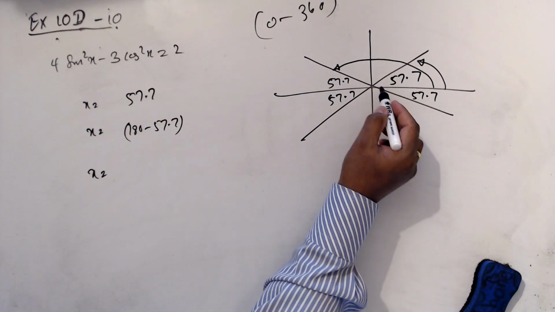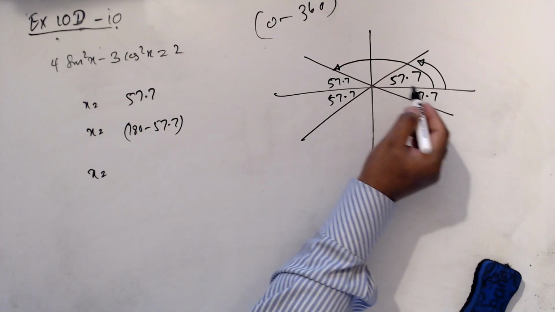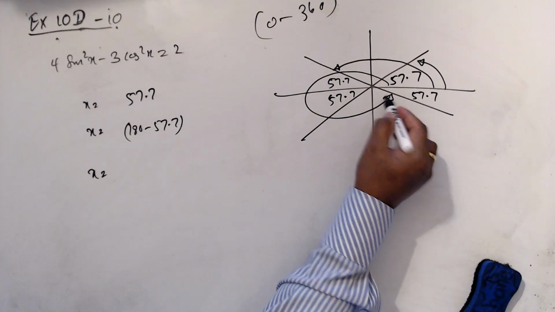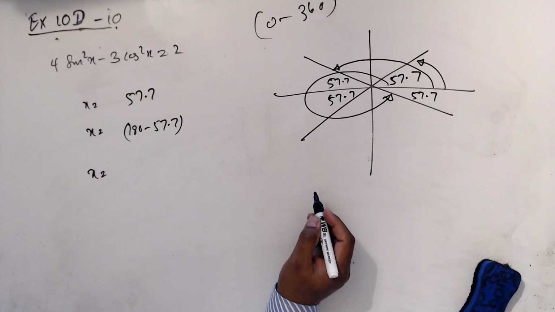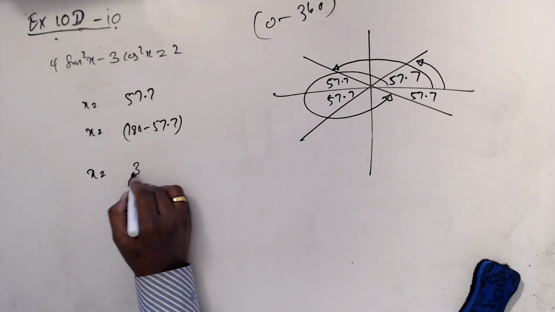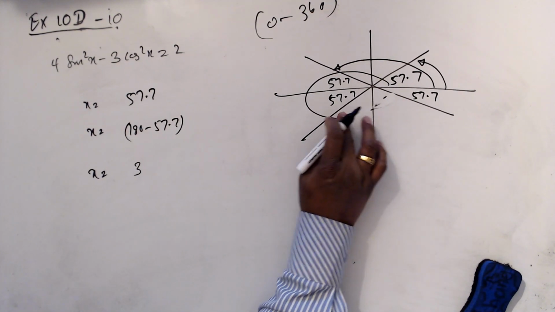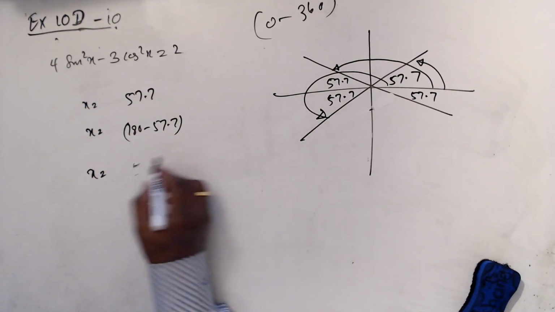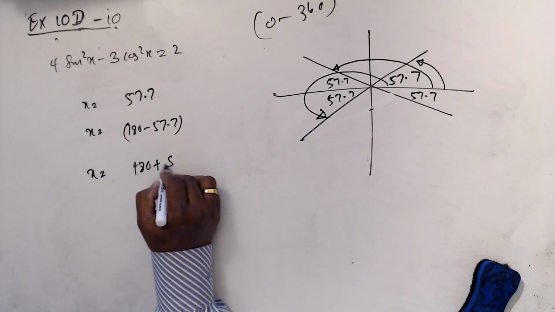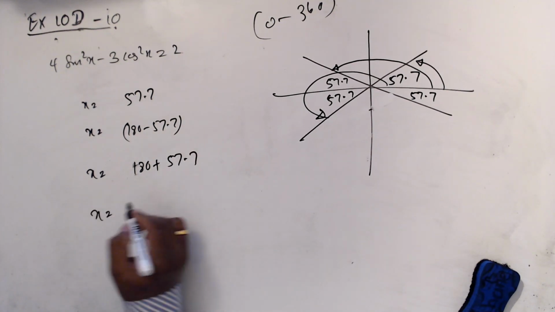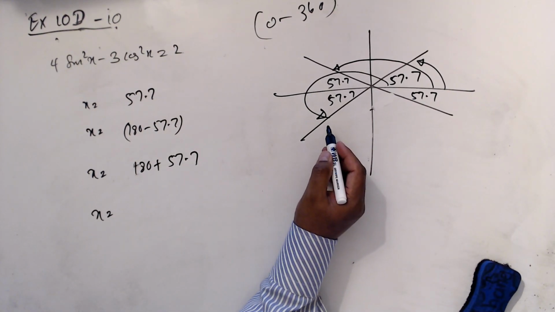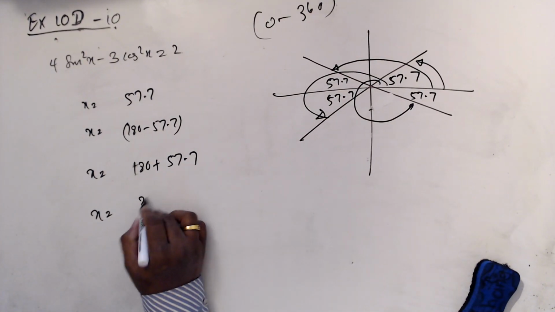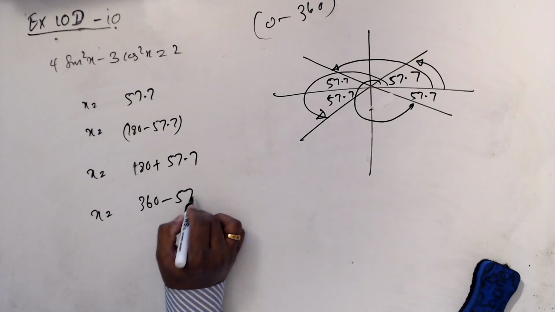The third answer, this one, 180 plus 57.7. The fourth answer is this one, 360 minus 57.7.